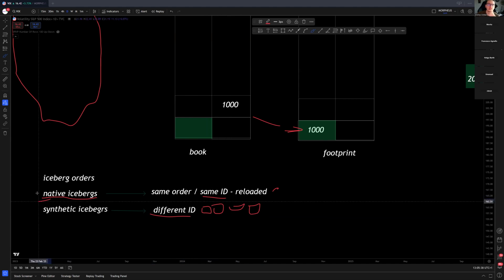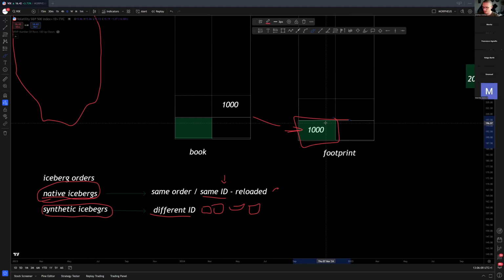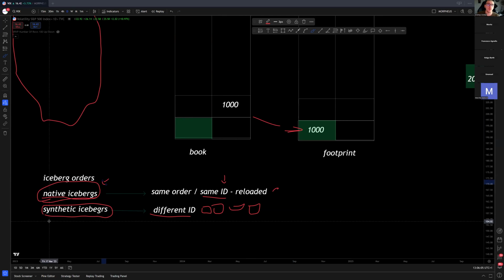So with a native iceberg, people can see you and can be 100% sure, with numbers, with ID, with MBO data, that it's you and it's a real iceberg. With synthetic icebergs, they might see it at the end of the day because you can see them in the footprints. There's a huge amount of orders. But with native icebergs, we can be sure thanks to the order ID. With a synthetic iceberg, we might not be sure until the very end of the iceberg.